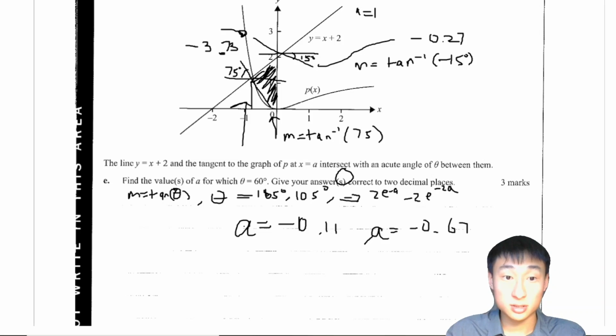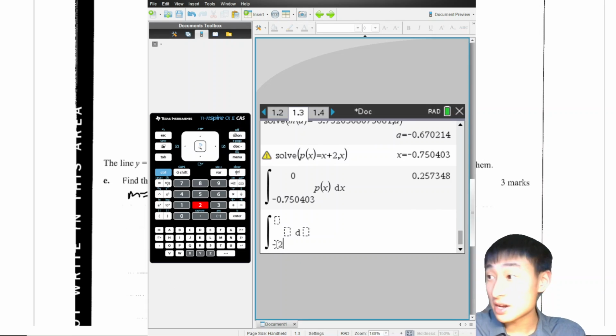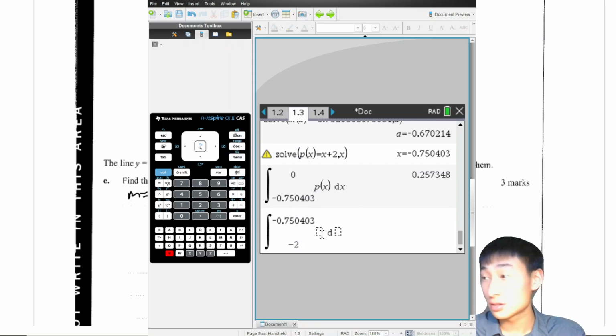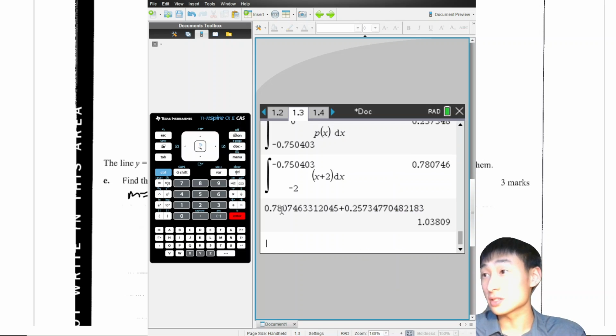And that triangle, I'll just use an integral, but you can just use a shape if you prefer. Integral of x plus 2, from negative 2 to this. And that's equal to that. So our final answer is those two added together, which gives us that.